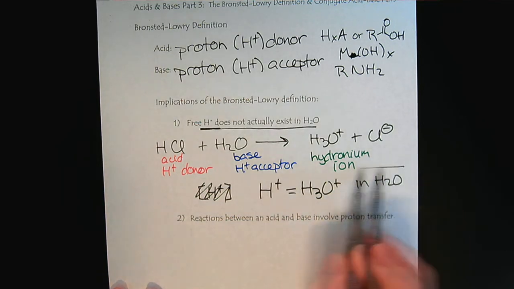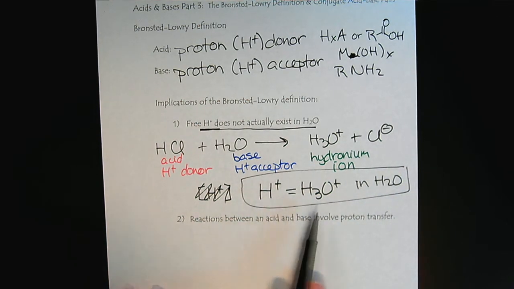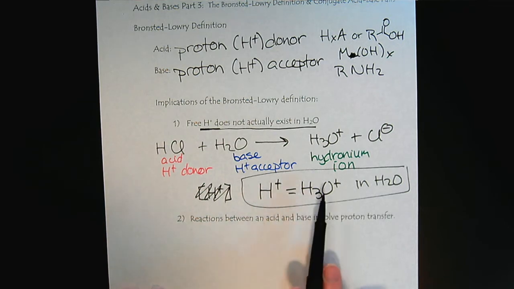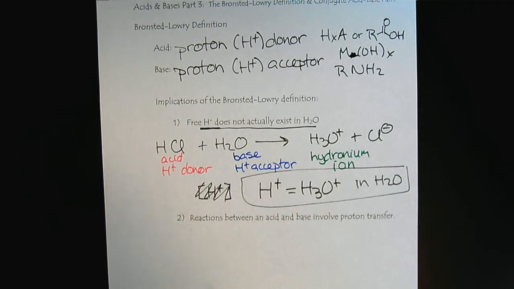So you want to be aware of this, though, because when you're reading information, not all authors pay attention. So you really want to be able to interchange these. When we are in water, the most correct representation will be H3O+. But don't be surprised if you see H+ written. So this is where you bring in your chemistry understanding to fill in the gaps.